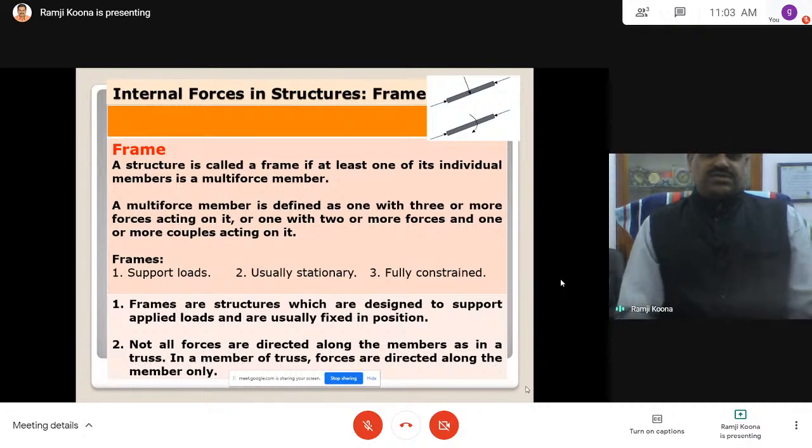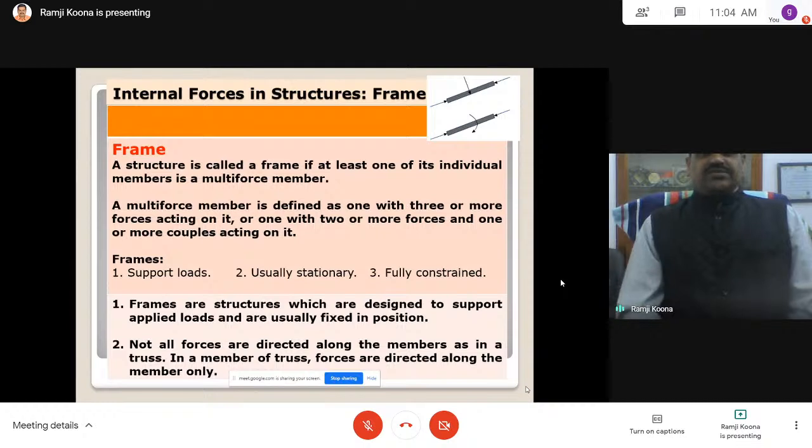We have 2 types of structures. One is statically determinate, the other is statically indeterminate. Statically determinate means whatever the number of equilibrium equations, they are sufficient to solve the unknowns in the given problem. That type of structure is called a statically determinate structure.